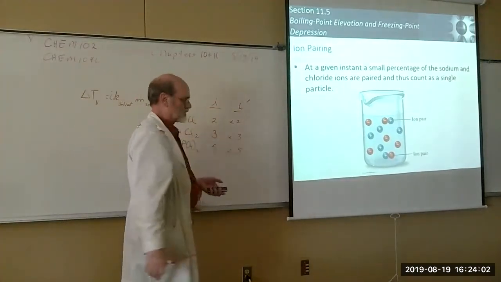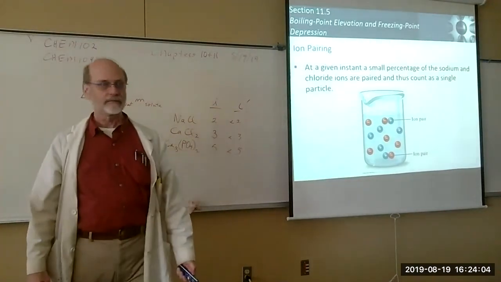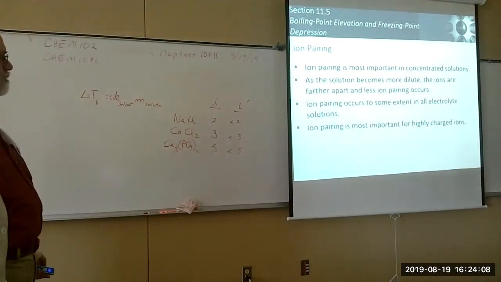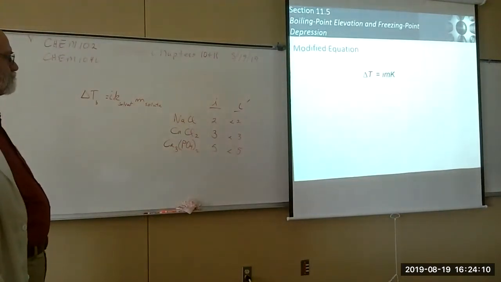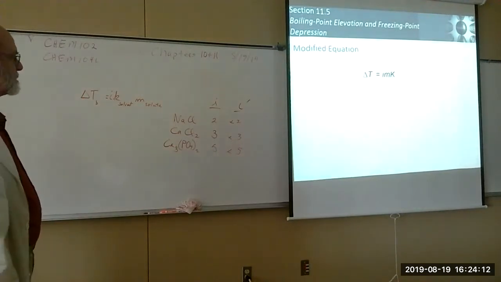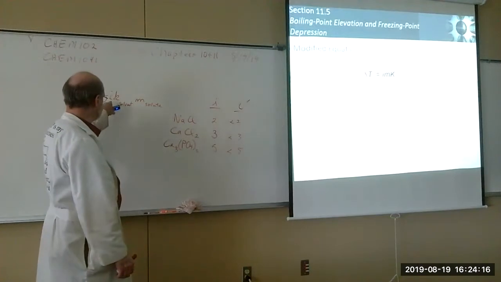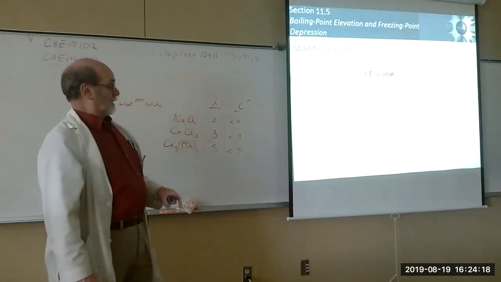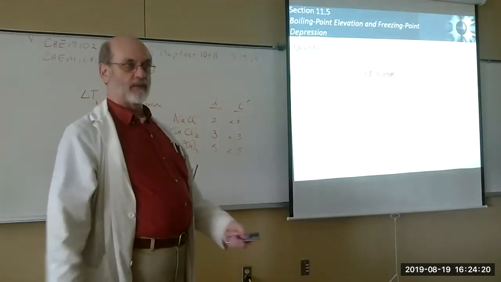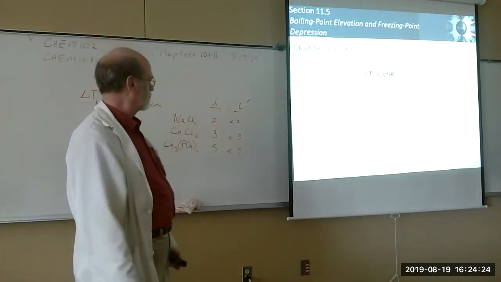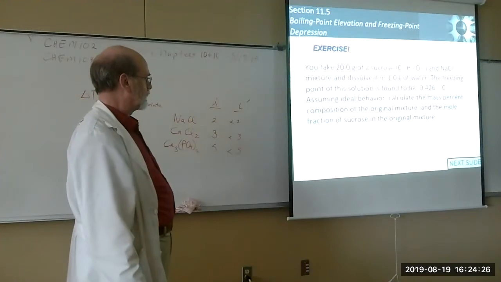Sometimes not very much, sometimes a whole lot. Okay, that's the modification to the equation. You just stick an i in there, which is equal to the number of ions that break apart from your solid as you put it into solution.